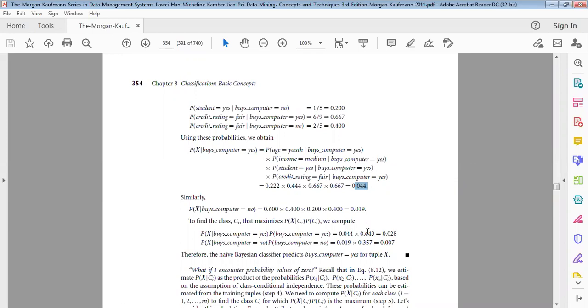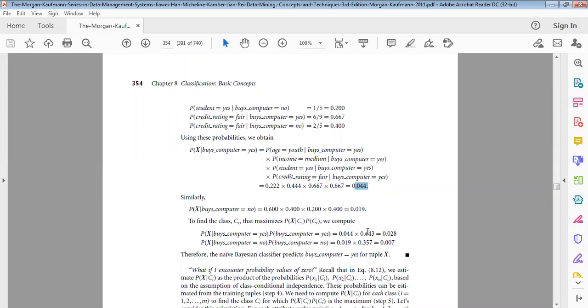This is the main Bayesian classification method. He wants to buy the computer or not buy the computer based on the given information. Easily you can understand by those who are selling the computers. Those people can easily identify based on the given information.